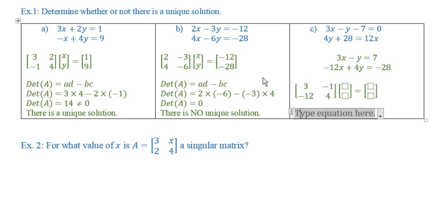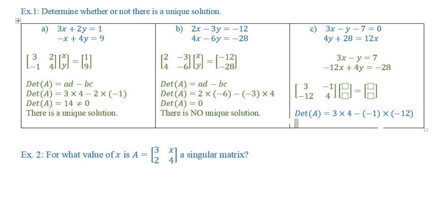So if you were to actually check, okay, what is the determinant of A? The determinant of A is equal to 3 times 4, that's my leading diagonal, minus negative 1 times negative 12.